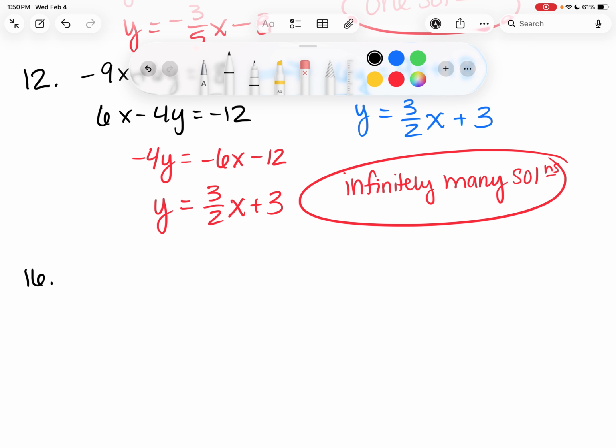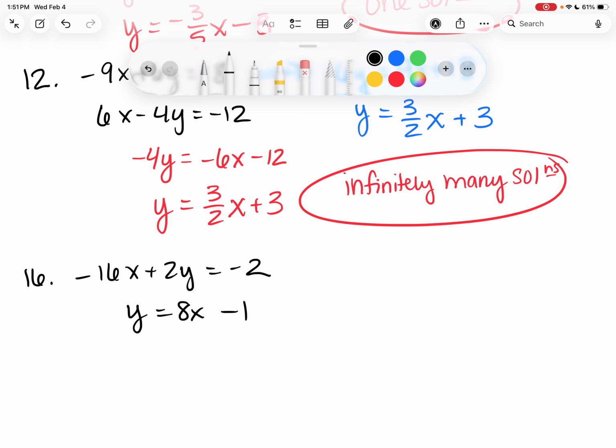So number 16. Negative 16x plus 2y equals negative 2, and y equals 8x minus 1. All right, so given what we have, do you think it would be easier to use substitution or elimination? Substitution, because y is already by itself.